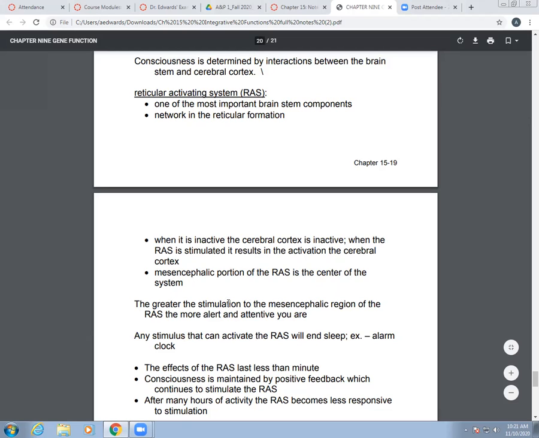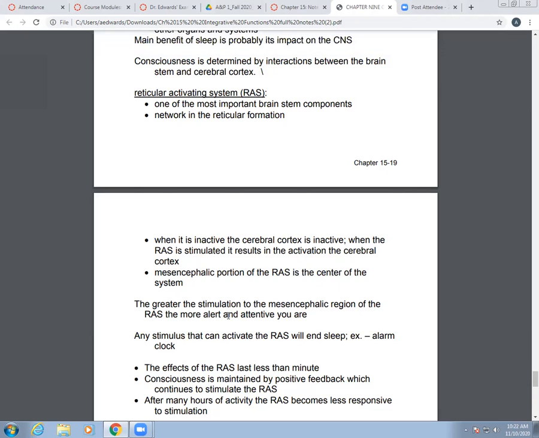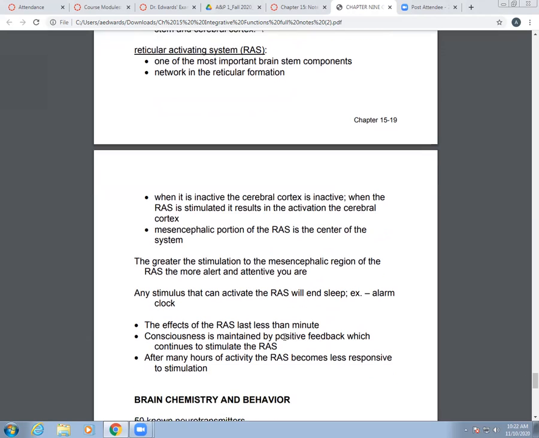So when you have more stimulation of that mesencephalic region, you're going to be more attentive and more alert. Any stimulus that can activate your reticular activating system is going to end your sleep, like your alarm clock. The effects of your reticular activating system are not long lasting, less than a minute.